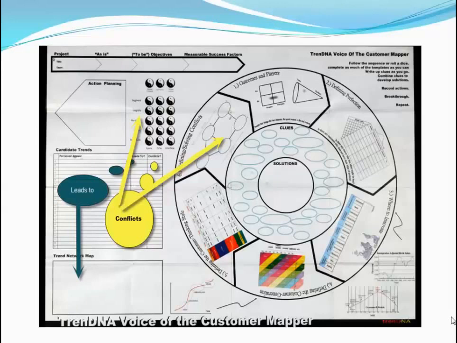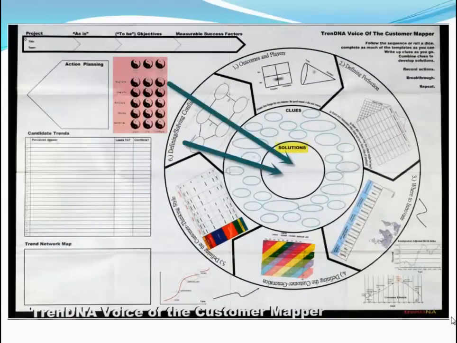The leads to pointers go to strengthening the relevance of the trend in the trend network mapping area, while the contradictions are systematically resolved using the dedicated techniques of TRIZ and the TOC, of which we have already spoken about. These techniques may be called the real engine of TrendSpeak. The contradiction resolution activity converts clues and trends into some possible solutions. The accepted solutions are then moved to the action planning zone.